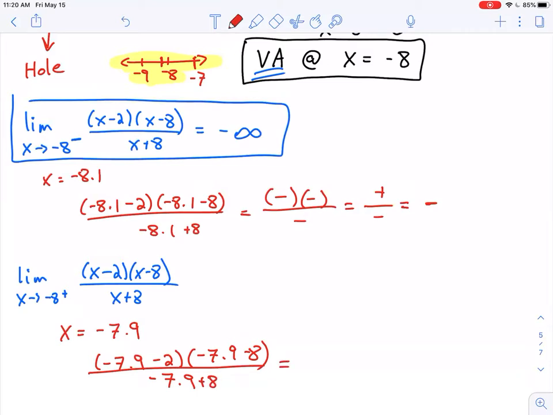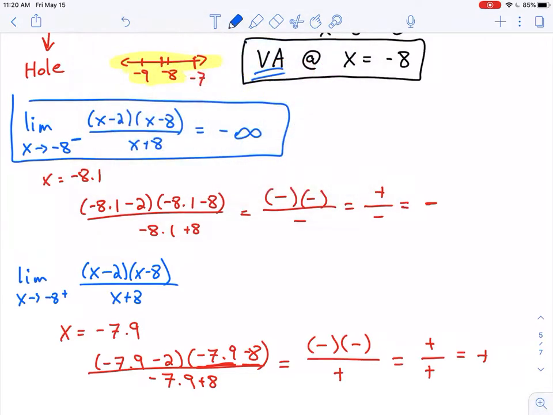My numerator, negative minus a negative is a negative. Be careful with this guy here. We might get confused with negative 7.5 and negative 8, but I just have a negative number here minus another negative, so it just gives me a bigger negative number. In my denominator, negative 7.9 plus 8, that's a positive. So here in this case, I have a positive divided by a positive, which means I'll end up with a positive number.